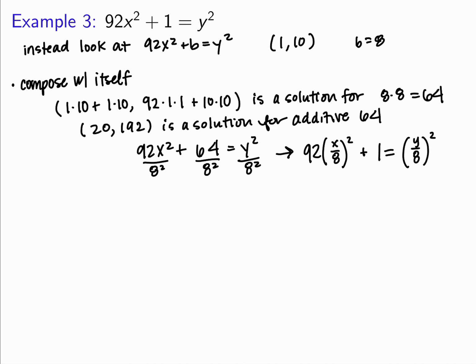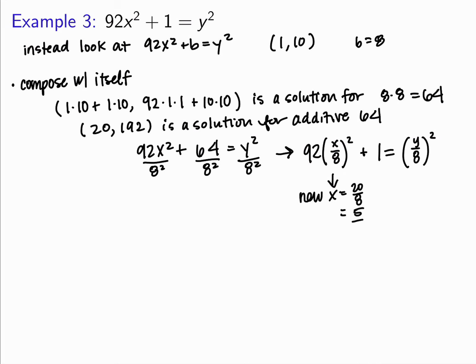Okay, so what do I figure out that needs to go there? Well, originally, what worked was the x was 20 and the y was 192. So still x can be 20 and y is 192, but now for this new one, I need to divide by 8. So that tells me that my new x, I need to divide the 20 by the 8.